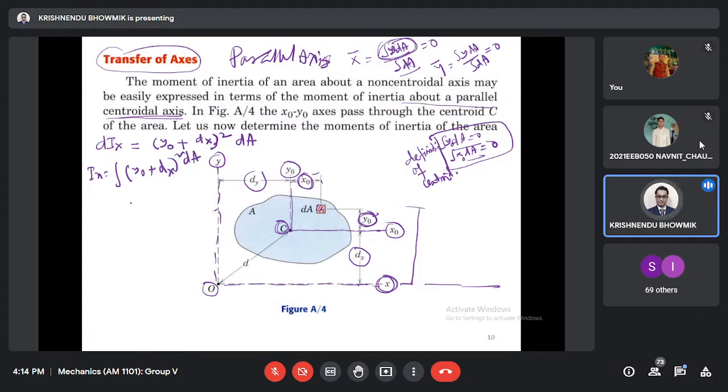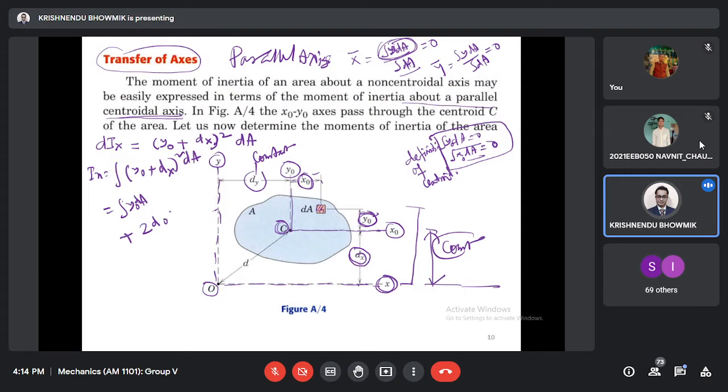Okay. Now if I split it: integration y0 square dA, plus 2 dx integration y0 dA, because this offset distance you have considered is constant. This dx is also constant because you are considering a particular case.